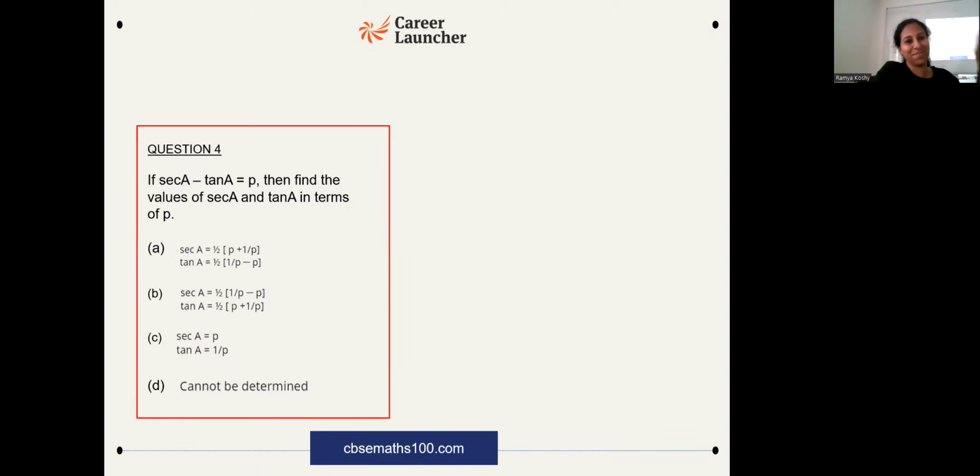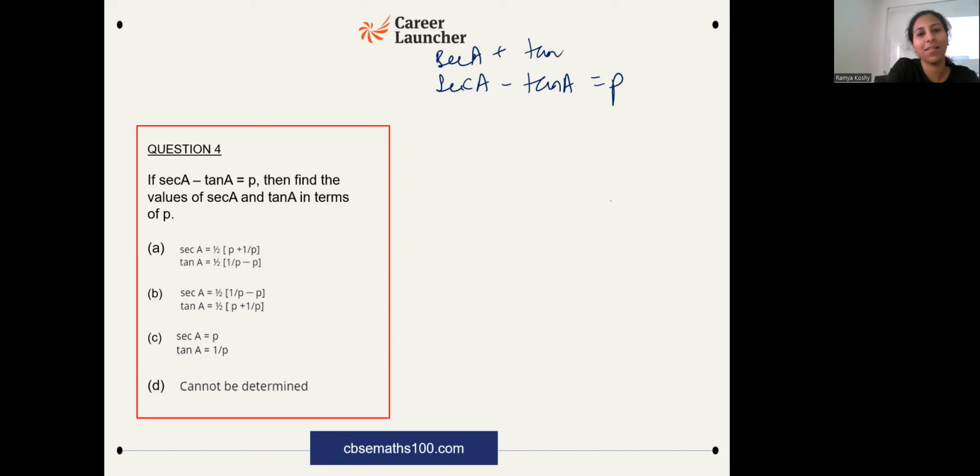It cannot be determined. Sec A minus tan A is P. Okay. What will be the value of sec A plus tan A then? 1 by P. What is the reason?